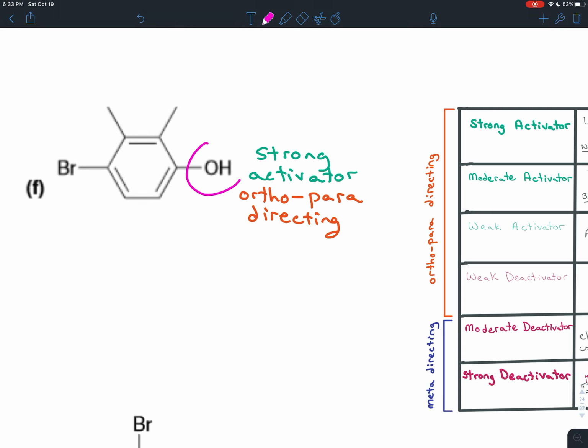So we're looking at ortho and para to that OH. Well, one of the ortho positions is taken. The other ortho position is open, and the para position is taken. So a new branch can't add where there's already a branch. There's only one place left. Whatever you add to this, whatever recipe you use, that new branch will have to add at that position.